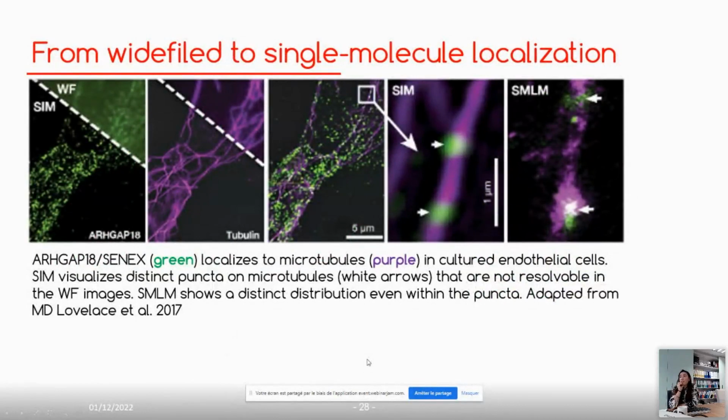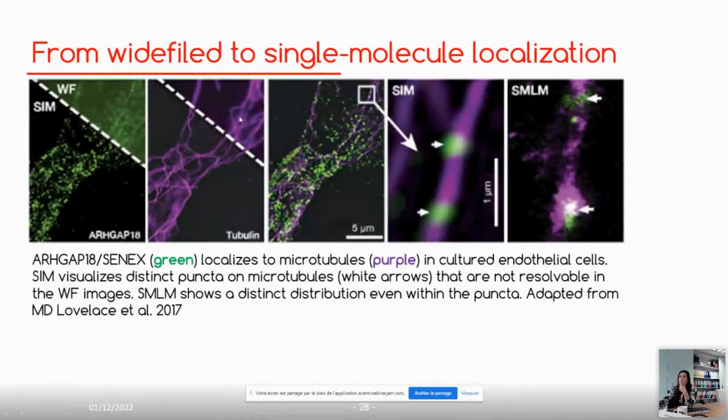Another thing, along the lines of structural biology, is not just understanding how individual structures look, but also how they interact with each other. In this particular paper, we're seeing some green proteins. They are in fact punctate, corresponding to secretory bodies that were suspected to localize near or on, in purple here, microtubules.